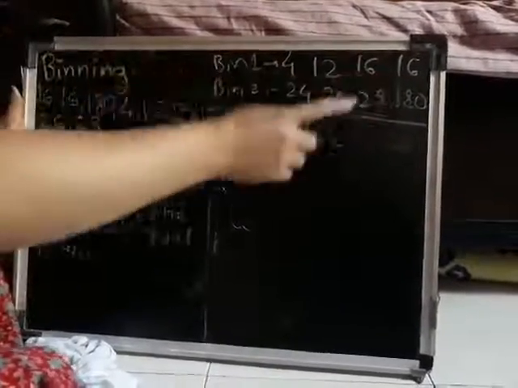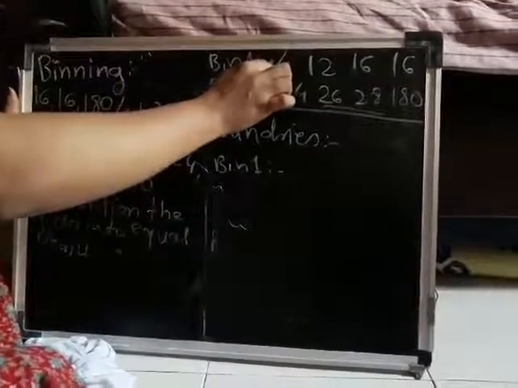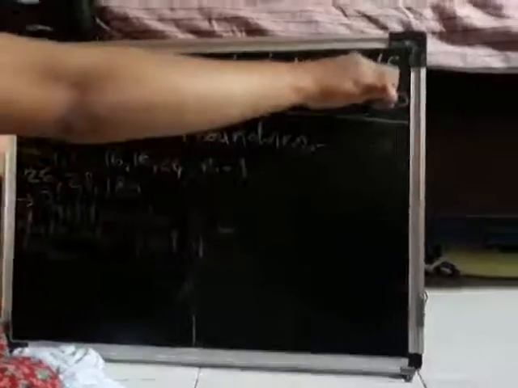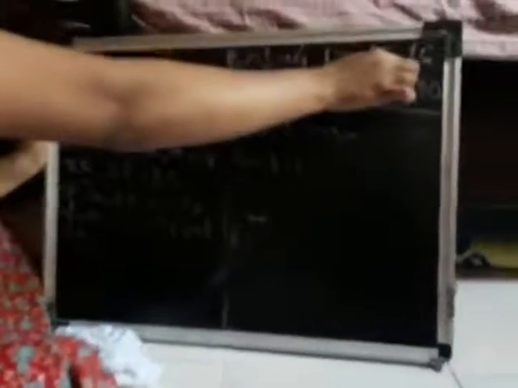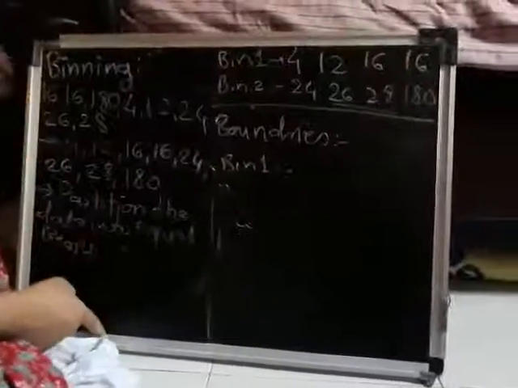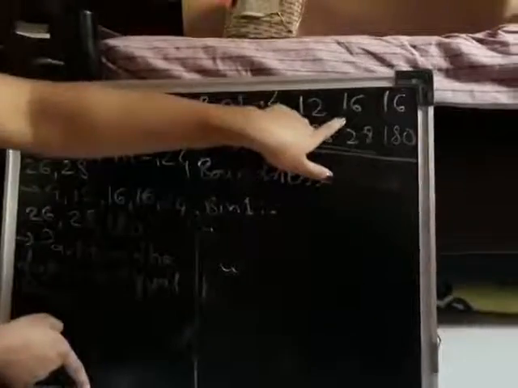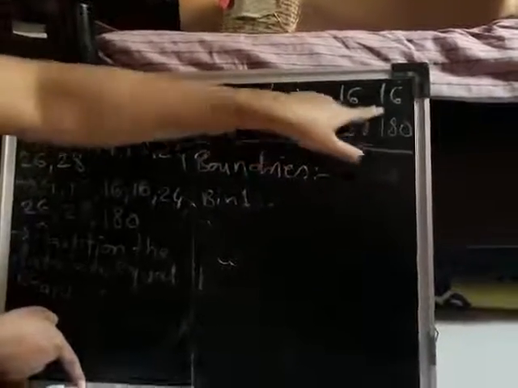So what we have to do is calculate the distance of the remaining elements from the lower boundary and the upper boundary. We have to calculate the distance of each and every element from this lower boundary and the upper boundary.